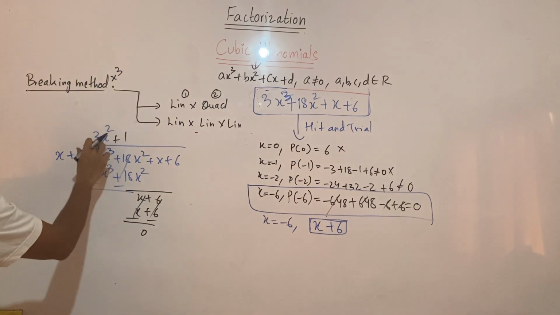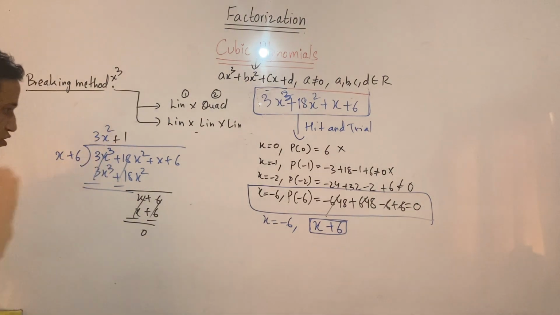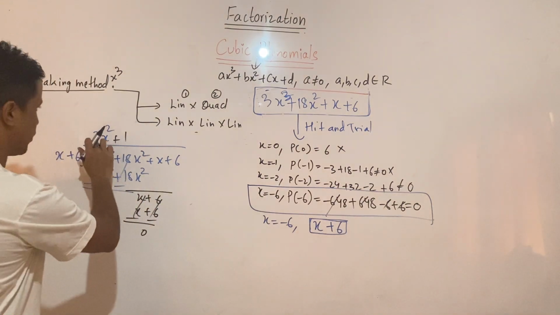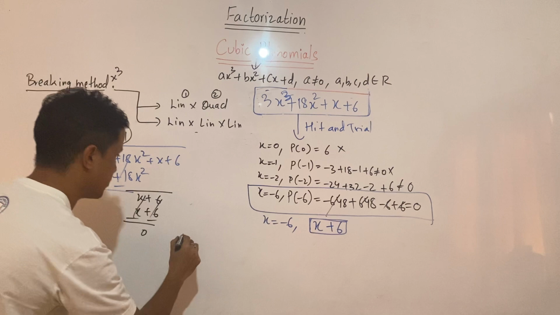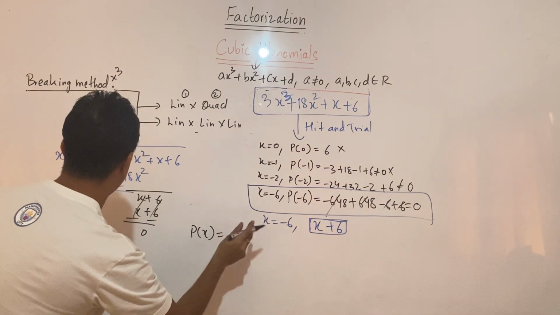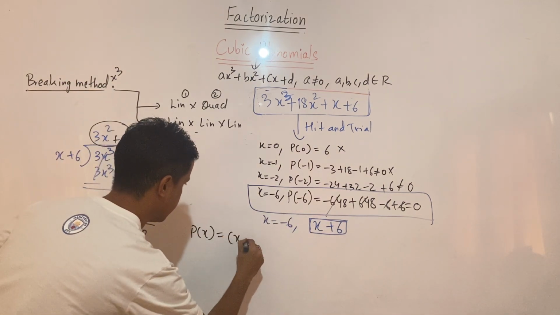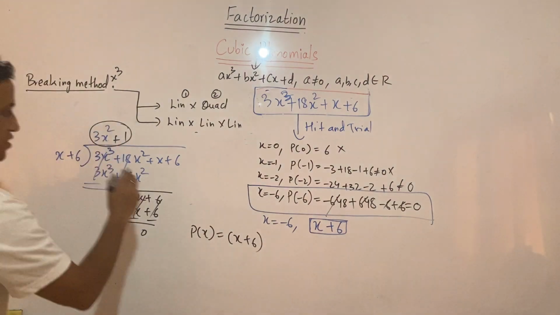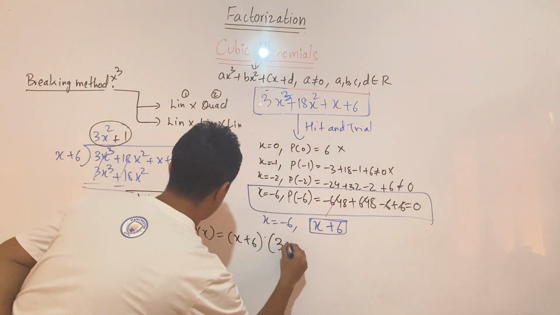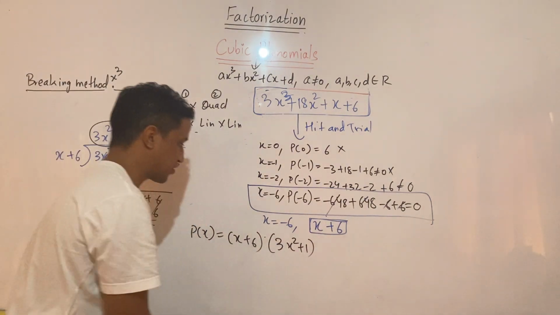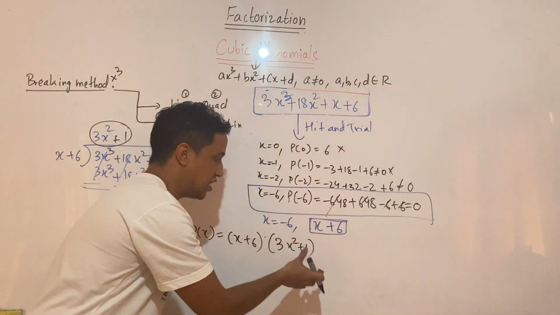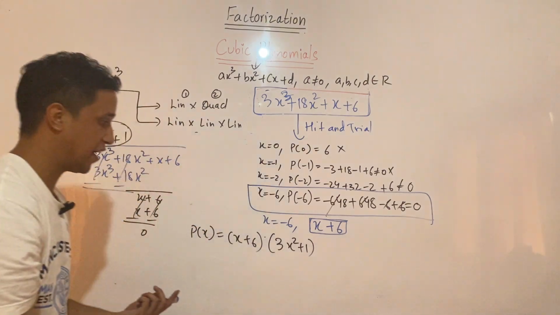So the next factor is 3x square plus 1. Now I can represent this p(x) as x plus 6 and this 3x square plus 1. Okay, so these are going to be two factors. Now this is linear, this is quadratic. If you think you can break it down, yes, fine, go ahead with it.